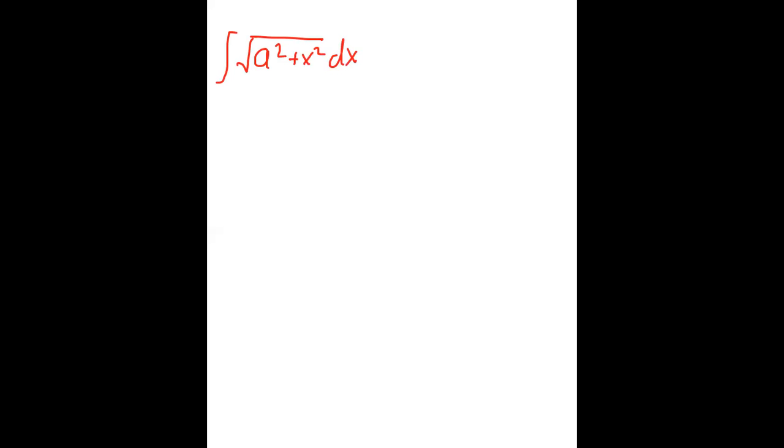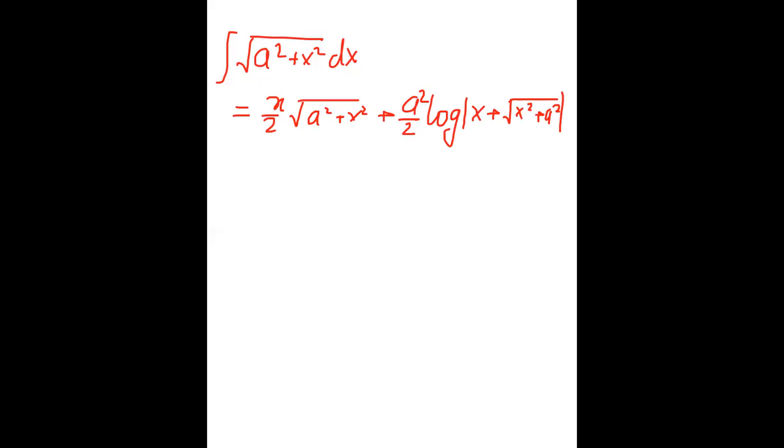Integral under root a square plus x square dx equals x by 2 under root a square plus x square plus a square by 2 log mod x plus under root x square plus a square plus c. This is the first identity.